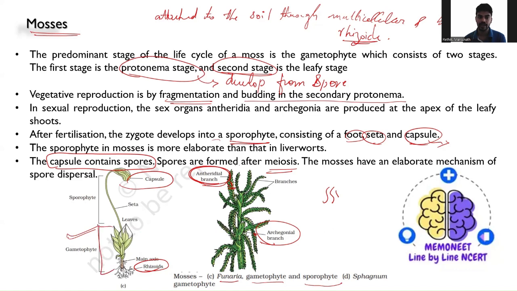This is the gametophyte and this is the sporophyte formation. The next one is Sphagnum. This is the Sphagnum, where normally you will see the gametophyte. So in general, this is all about the bryophytes.